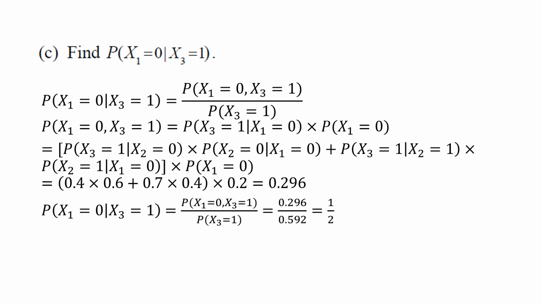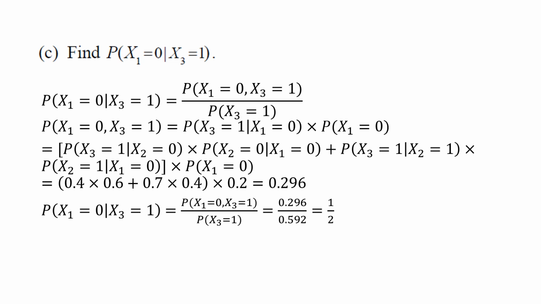And the probability of x1 equals 0 and x3 equals 1 equals the probability of x3 equals 1 given x1 equals 0 times the probability of x1 equals 0.